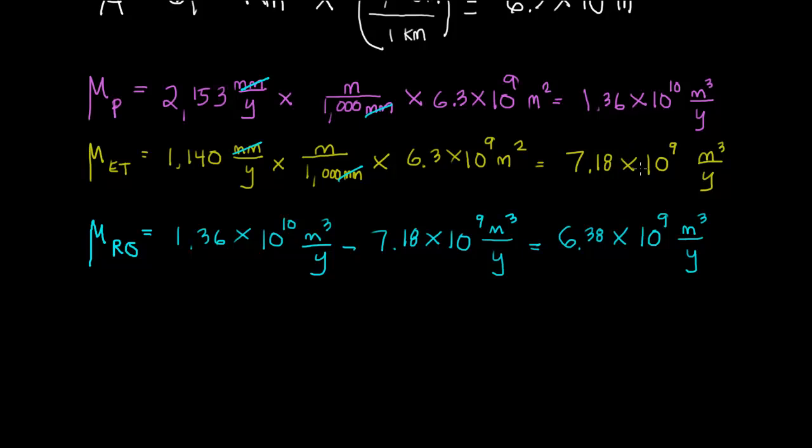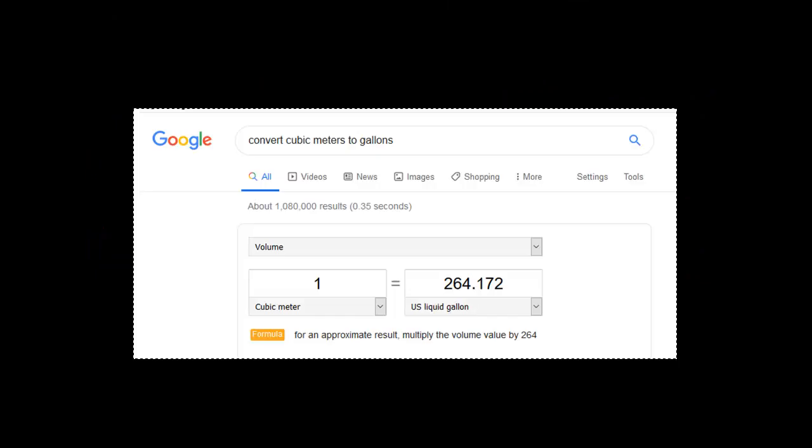Now, the only other thing to do to finish this problem is to convert that into gallons per year, and that's a conversion that I don't think anyone knows. So I just simply Googled convert cubic meters to gallons, and this is what I found. So that's the easiest way to find the conversion.